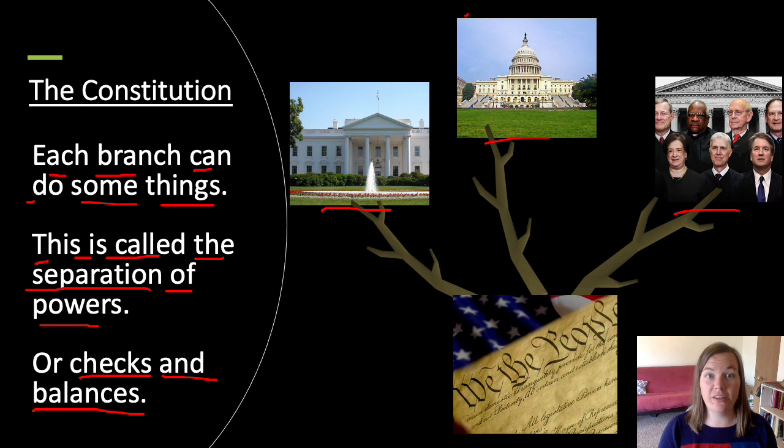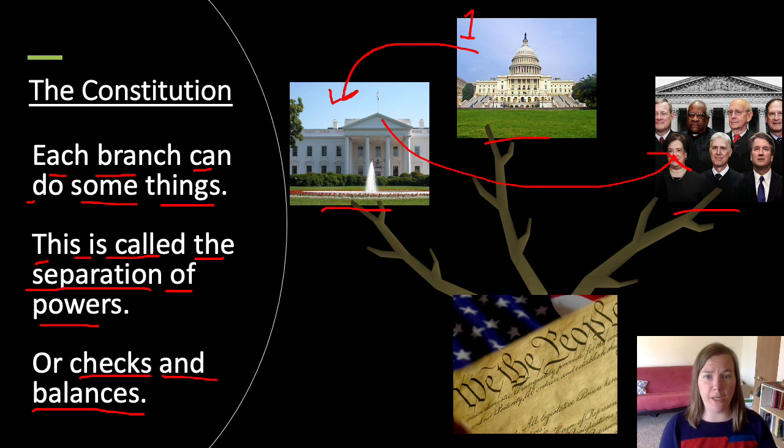For example, Congress makes federal laws. The president signs or vetoes the laws that Congress makes, and the Supreme Court reviews the laws to make sure all the laws agree with the Constitution.